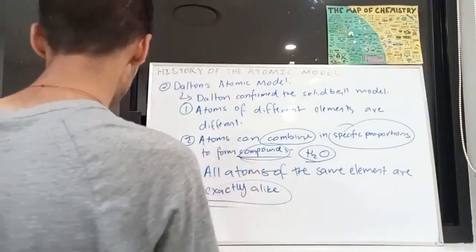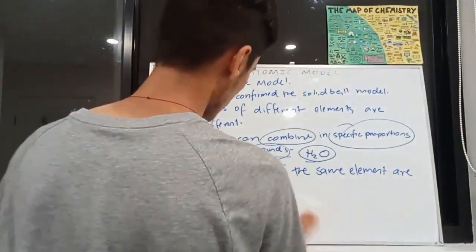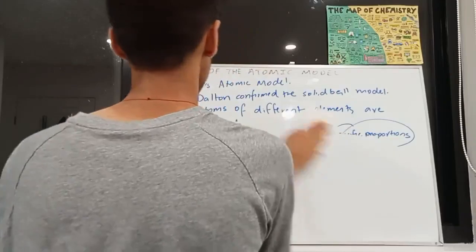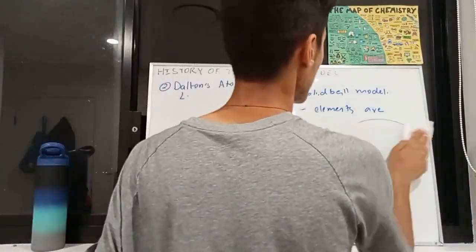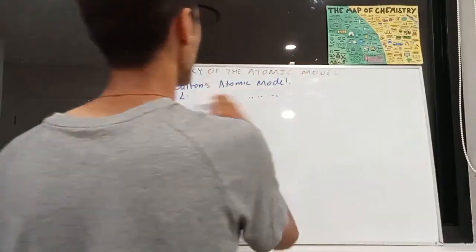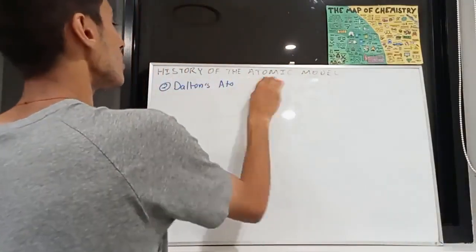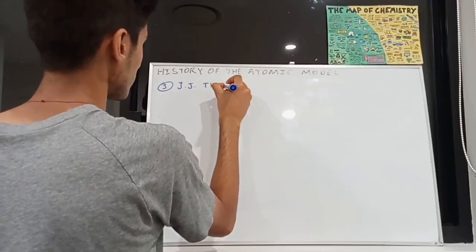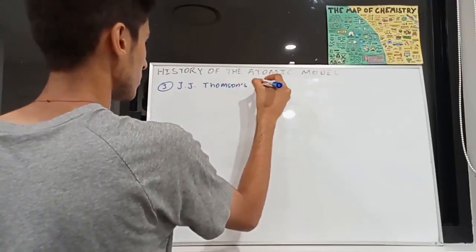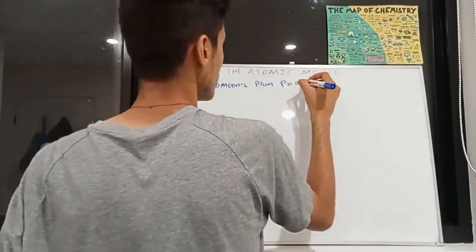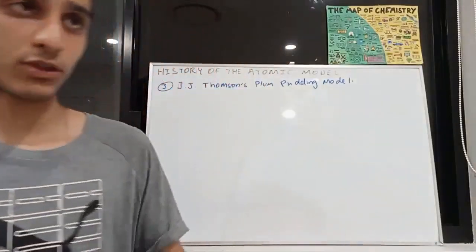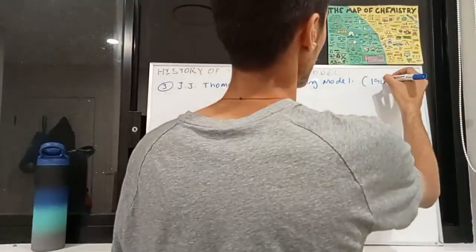So now let's take a look at JJ Thomson's plum pudding model. So, this was proposed in 1904.